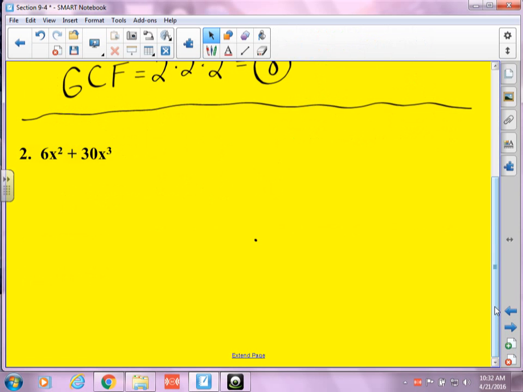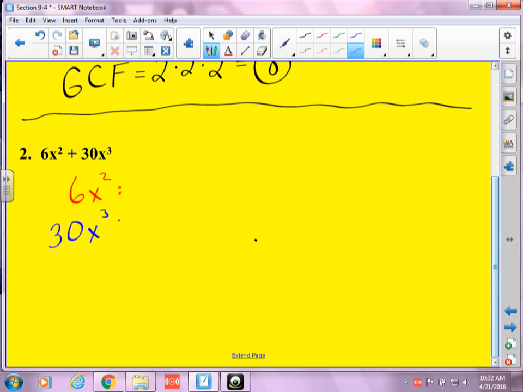How many terms are in this one? There's 2. So I'm going to go 6x squared, and I'm going to go 30x cubed. And I'm going to break down 6. I'm going to leave the variables. Variables are easy to break down. Numbers not so much.